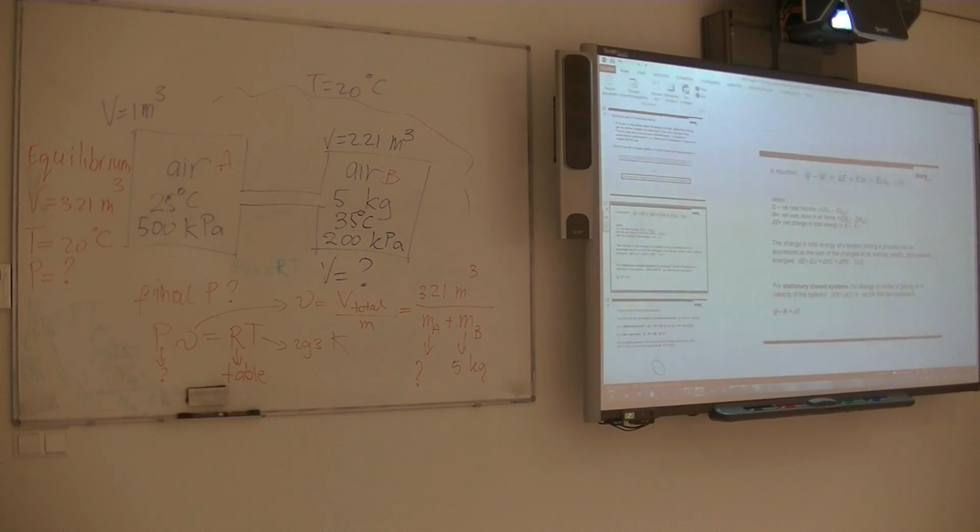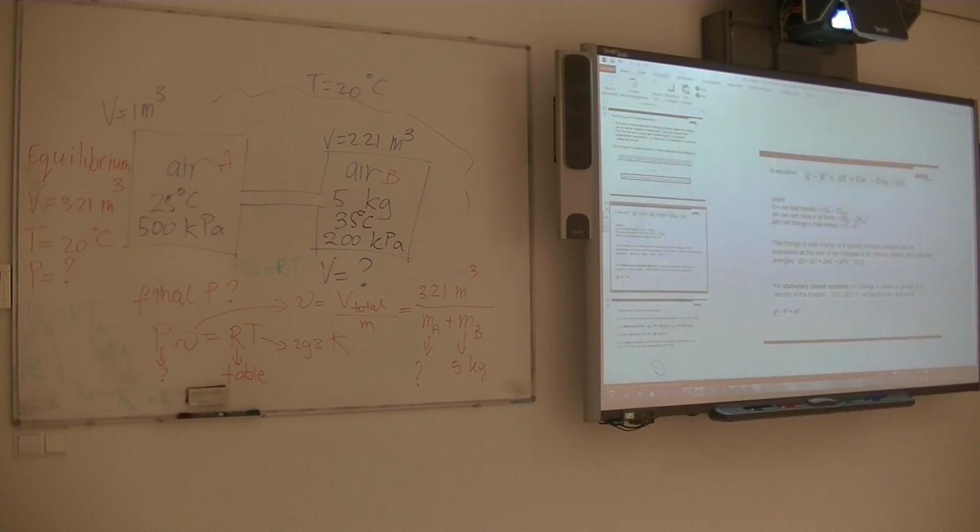Now, the total energy change can be related for most systems that we are discussing as the change in internal energy plus the change in kinetic energy plus the change in potential energy.